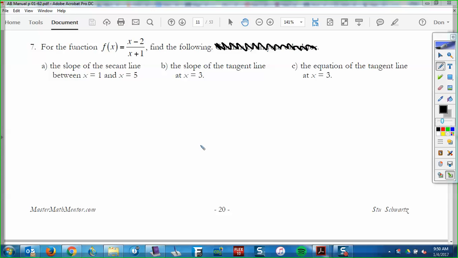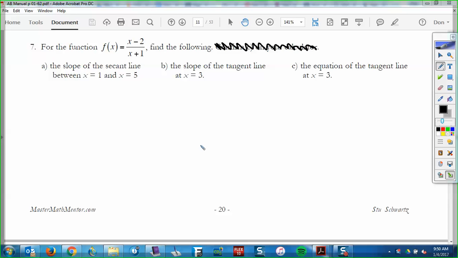Okay, so the second coordinate is 5, 5 1/2. And then the slope between those is rise over run, y minus y over x minus x. It'd be 1 1/2 over 4. Yeah, it'd be 3/8.